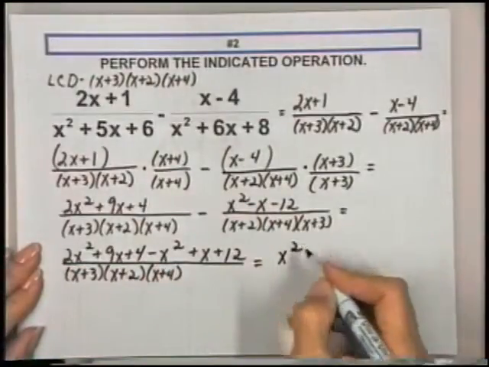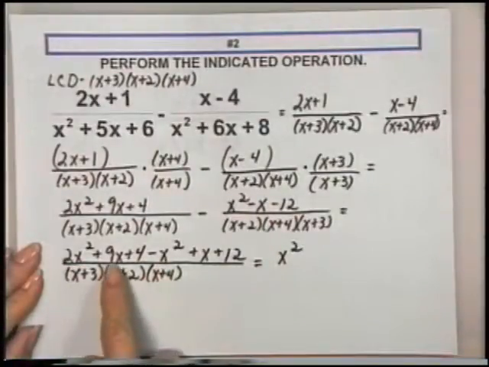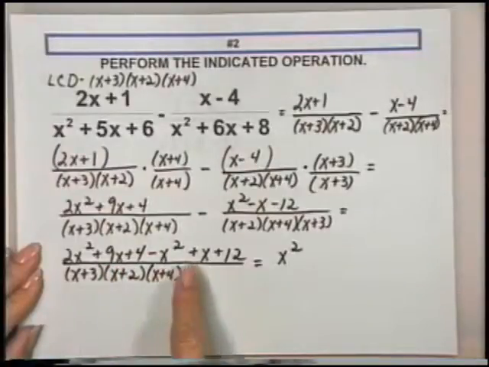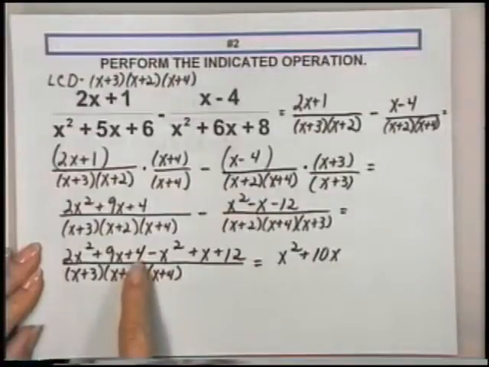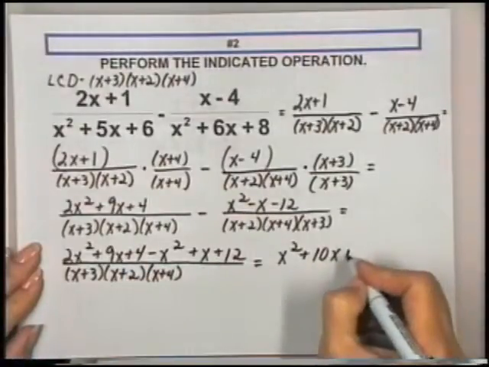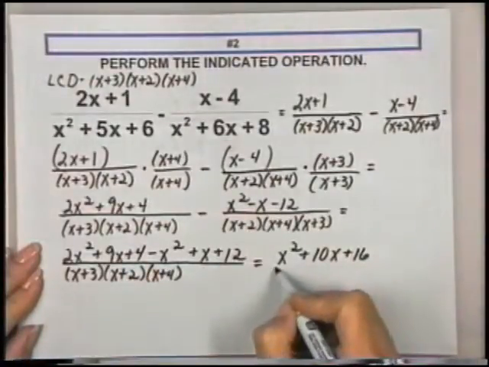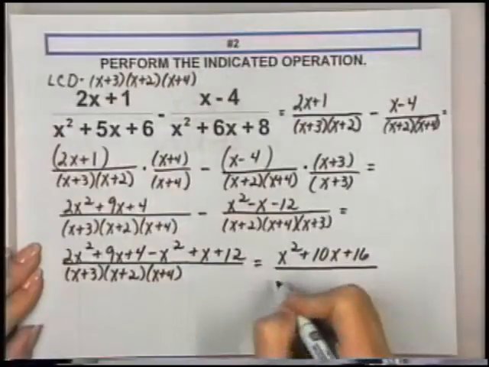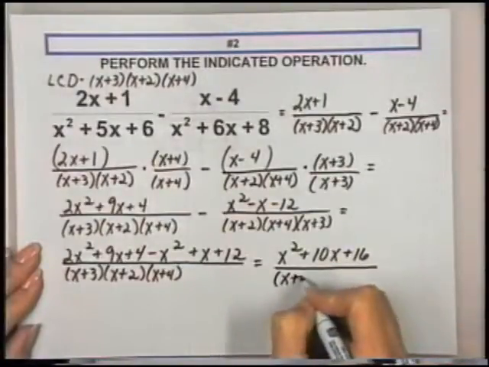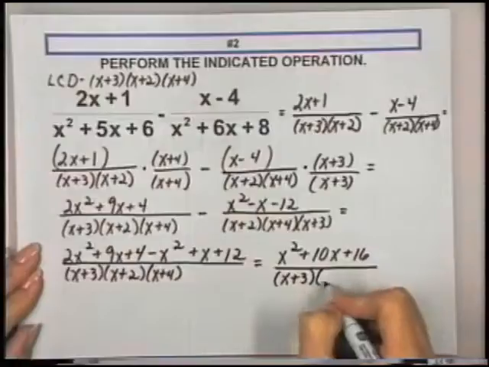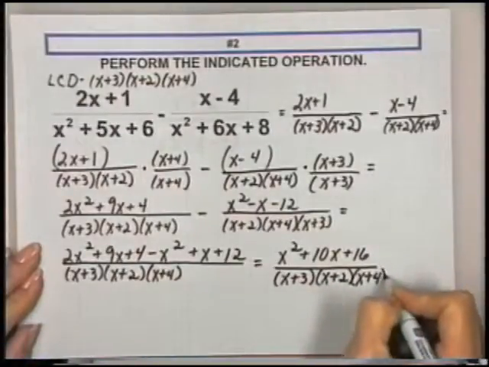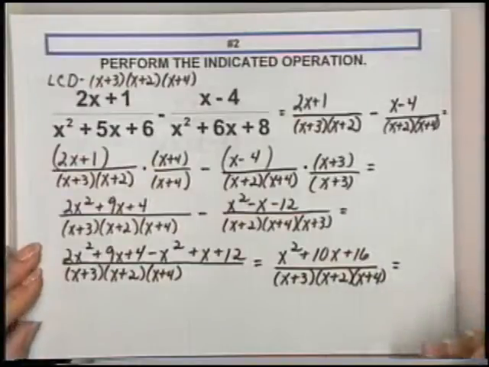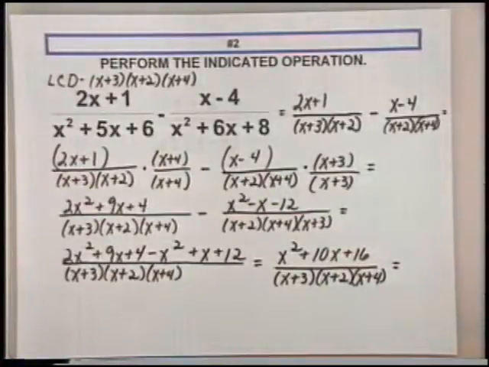Combining like terms, 2x squared subtract x squared will give me x squared. 9x plus 1x will give me 10x. 4 plus 12 will give me 16. All over my denominator, x plus 3 times x plus 2 times x plus 4.